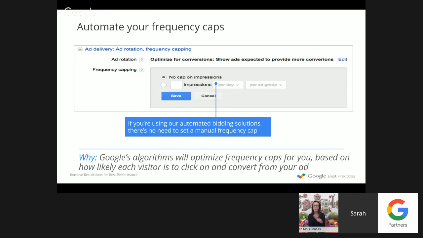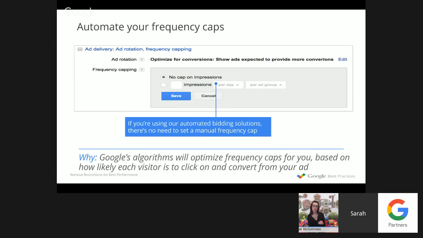So it would look at many different signals, like when the last time the user was on the website, how many times the user visited the website, what's the likelihood the user will convert and click. So depending on all of these signals, the system will decide. So for person A, I want to show the ad 5 times, but for person B, it makes sense to show the ad 10 plus times.